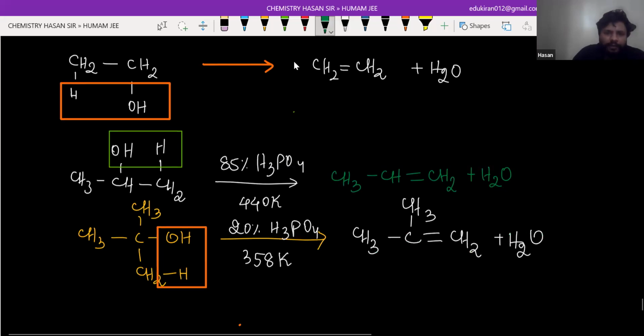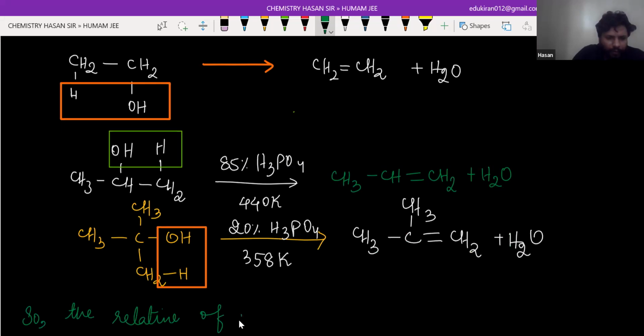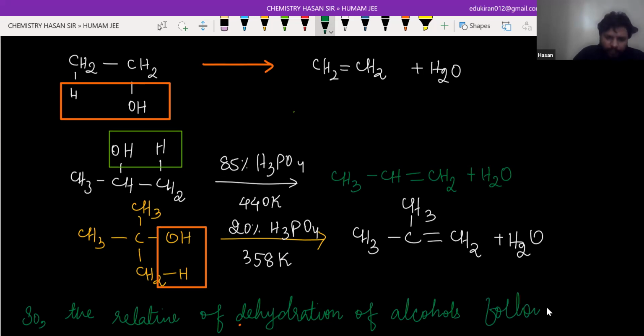Is that clear? So basically from the reaction you can see the relative ease of dehydration of alcohols follows the following order. First write it, then I'll show you.